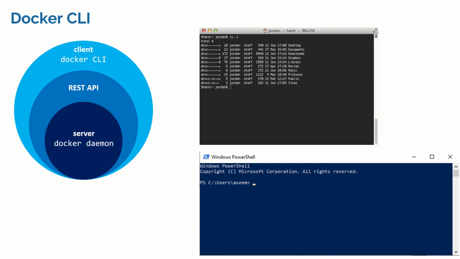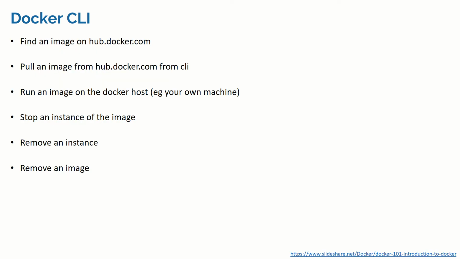The server will be your Docker daemon, as we mentioned earlier, and the client is just one of the many possible clients that interface with the REST API that sits in between the client and the server. But primarily I've only encountered people using the Docker daemon through the command line interface, and in this lecture we will also be doing that.